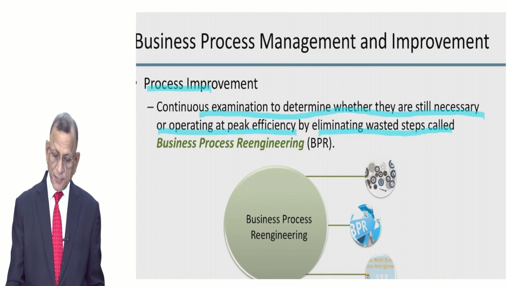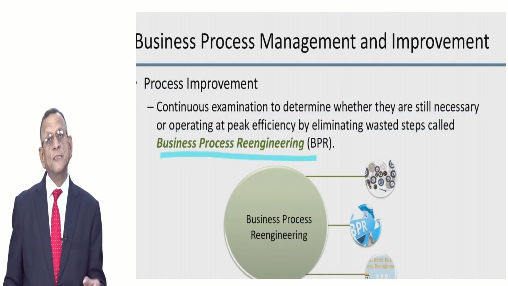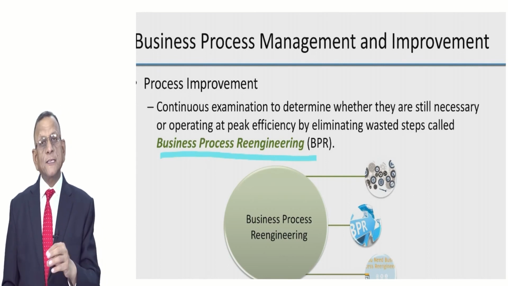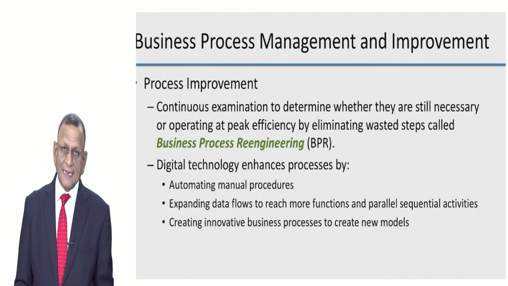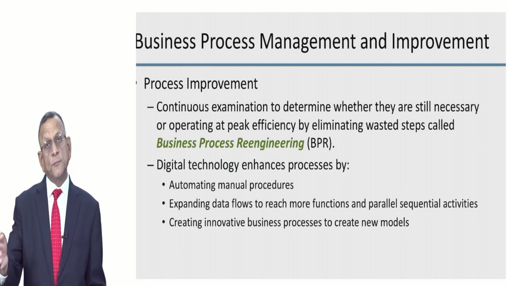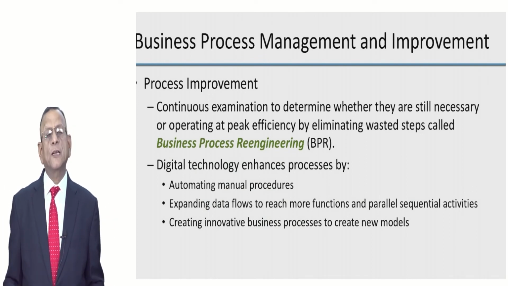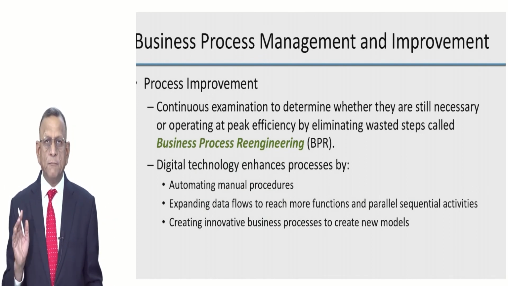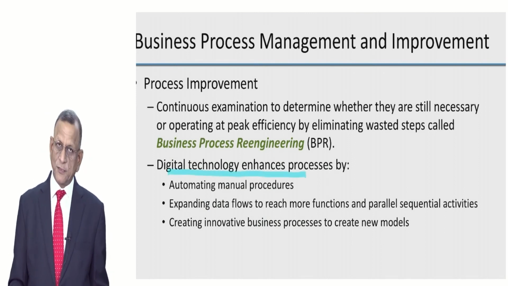This is known as business process re-engineering. We are changing one process into another process. And then when it's being done to improve the entire performance of all such processes, then it will be termed as business process management.